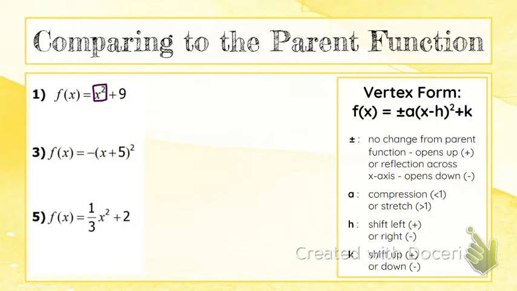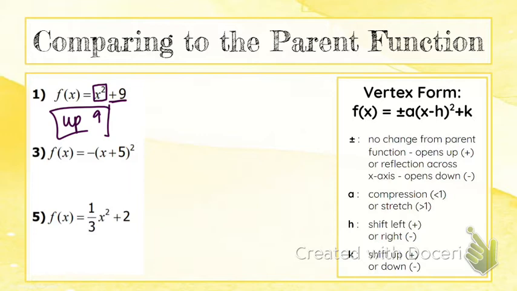So we need to address this plus 9, and that is not in parentheses with the x, so that means it has to be this k value. And k shifts it up or down, and we have a positive k, so it is going to shift up. So the answer for number 1 is up 9. That's it.